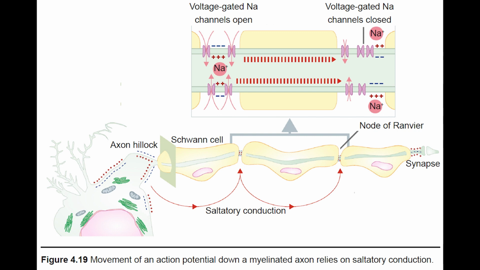Instead, they will move towards the area with a low concentration of ions, which is in the forward direction. Secondly, the previous patch of membrane is in the absolute refractory period, which makes it impossible for an action potential to travel backwards. During this time, many voltage-gated sodium channels are still inactivated, and most voltage-gated potassium channels are open.